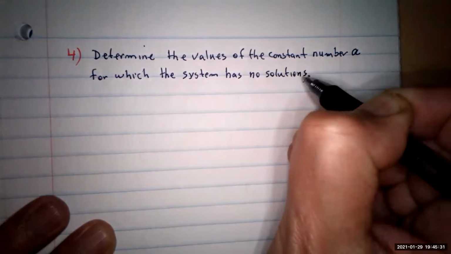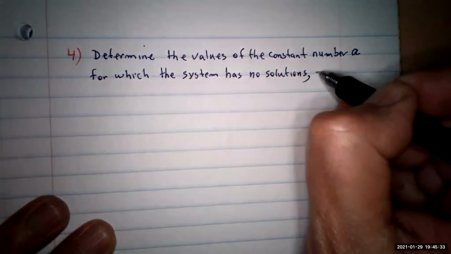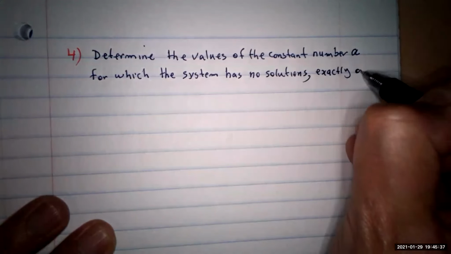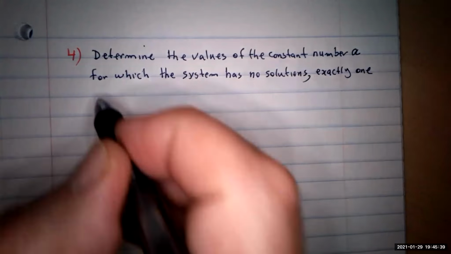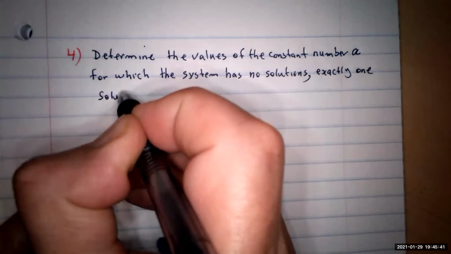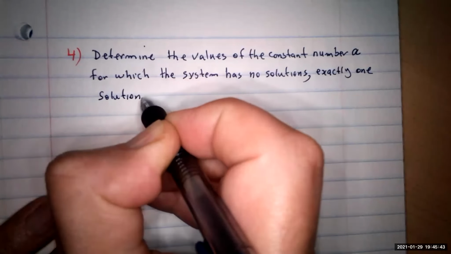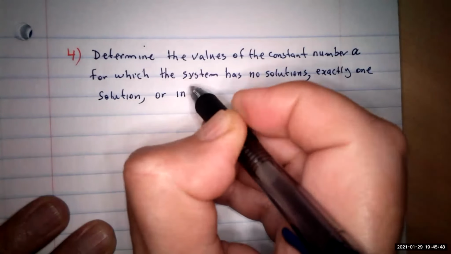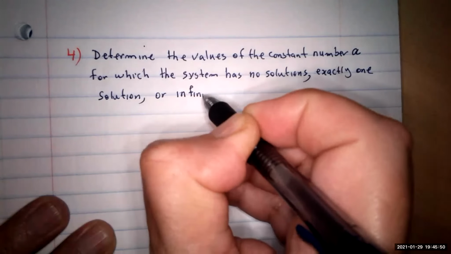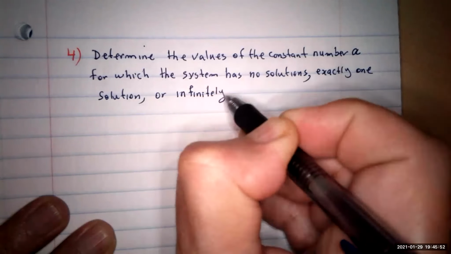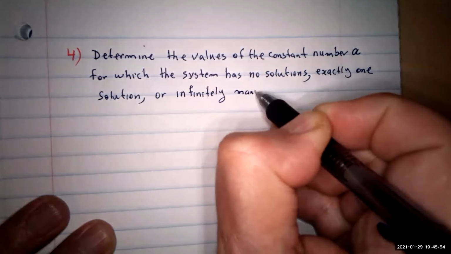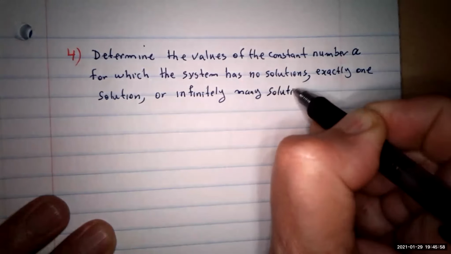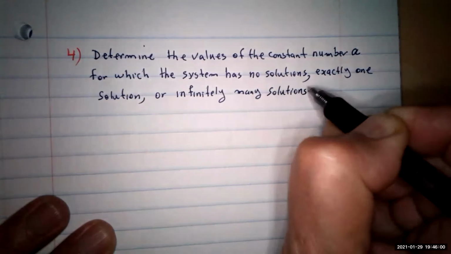That's one case. Exactly one solution, or infinitely many solutions. Okay, we want to check the possibilities.